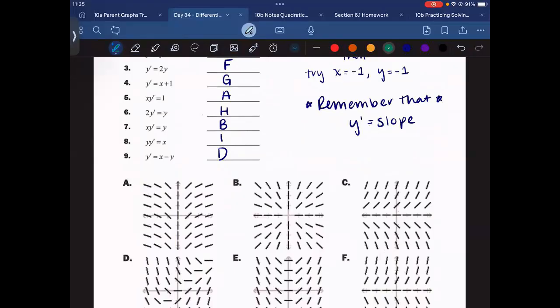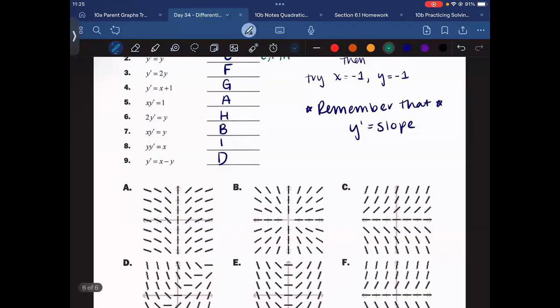So let's look at number 3, and then I'll let you finish the rest, even though I know you have the answers, but walk yourself through them. Let's see. It's 2y, so whatever my y value is, it's going to be double that. Let's look. I might want to do 0.